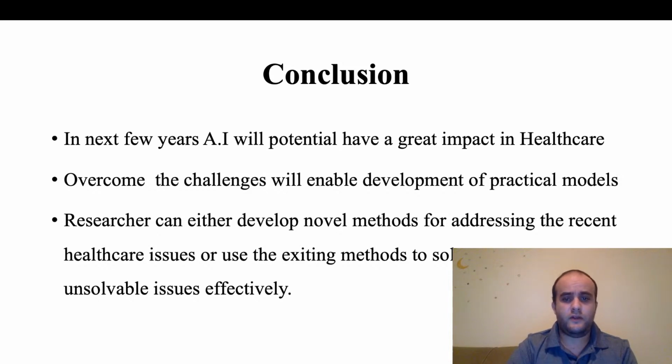Researchers can either develop novel methods for addressing recent healthcare issues, or use existing methods to solve currently unsolvable issues effectively. There is a lot of opportunity, whether you apply an existing method or come up with a novel algorithm to address recent healthcare problems.